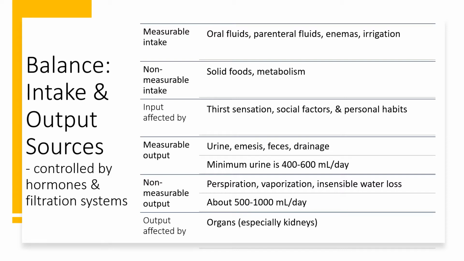So that's not really a measurable intake, but it is not negligible. Intake can then be affected by our thirst sensation, which is again controlled by hormones. And then we have social factors and personal habits that can affect how much intake we put in our body.